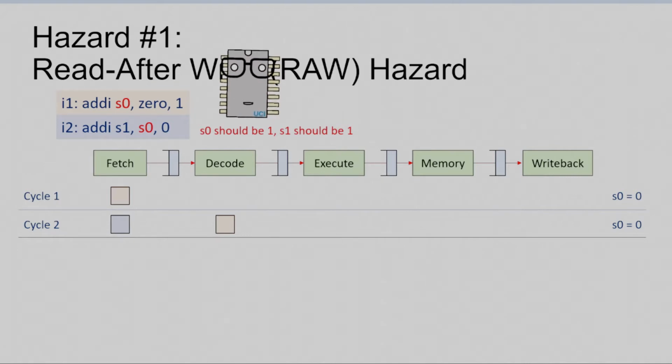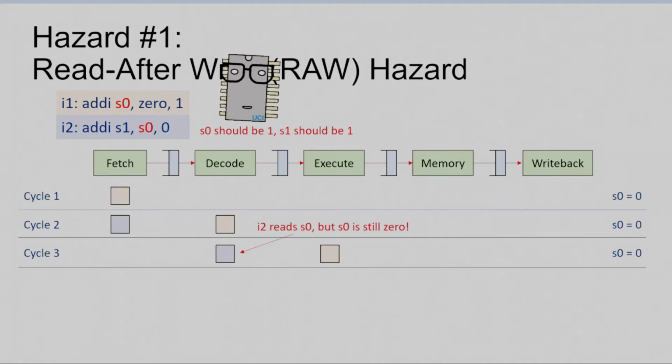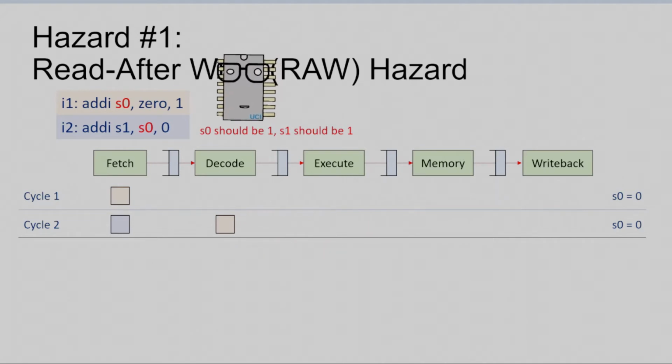It knows which registers it must read from. It knows a bunch of other things. So instruction 1 is inside the decode stage, and at this stage, instruction 1 has read from the 0 register.